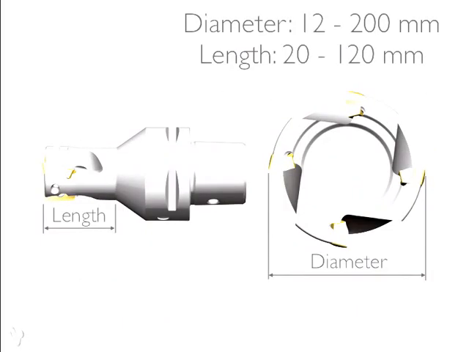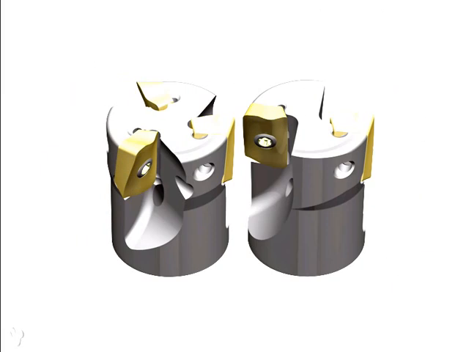And from these 150 variants, you can choose a diameter that is between 12 to 200 millimeters and a length that is between 20 to 120 millimeters. The number of inserts is from 1 to 14, and the insert is this super hard material that is doing the actual cutting.